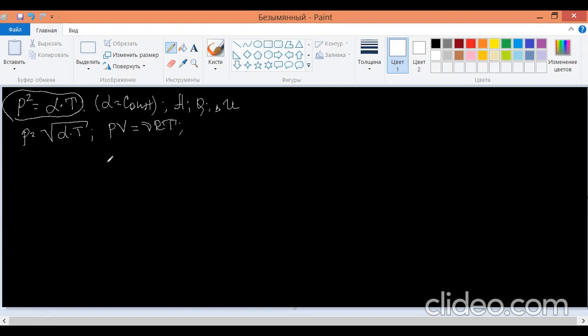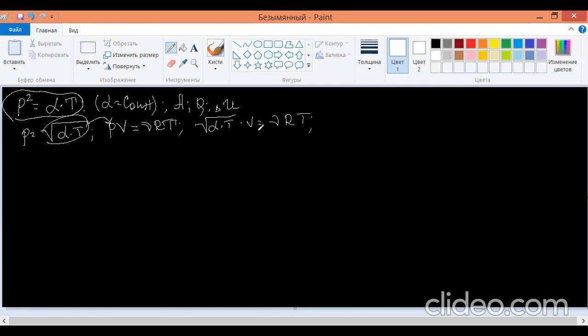So, let's insert this into this equation instead of P, and we will get the square root of alpha times T times V is equal to mu RT. Okay.